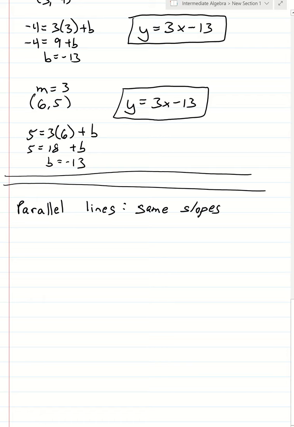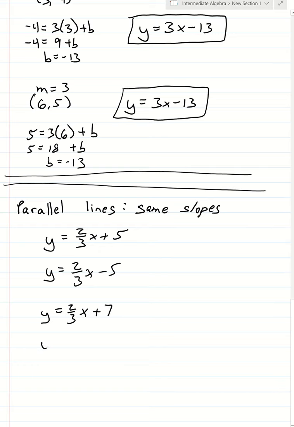Okay? So, if I gave you, let's say, y equals 2/3 x plus 5, and I asked you to write me an equation that is parallel to this, there are an infinite number of correct answers. Okay? One person could say y equals 2/3 x minus 5. Someone else could write y equals 2/3 x plus 7.